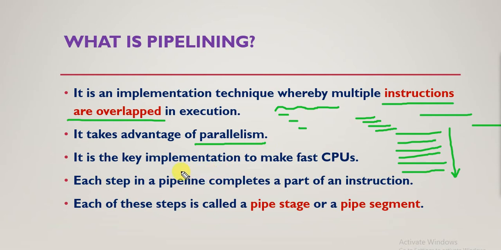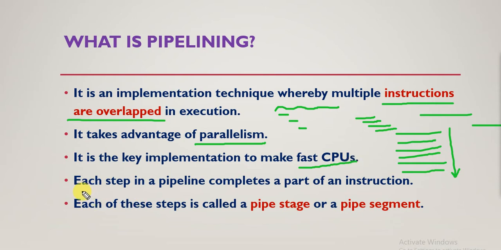It is the key implementation to make the CPU faster. We do pipelining on a particular machine only to increase the speed of the processor in that system, especially when only a single processor is available.